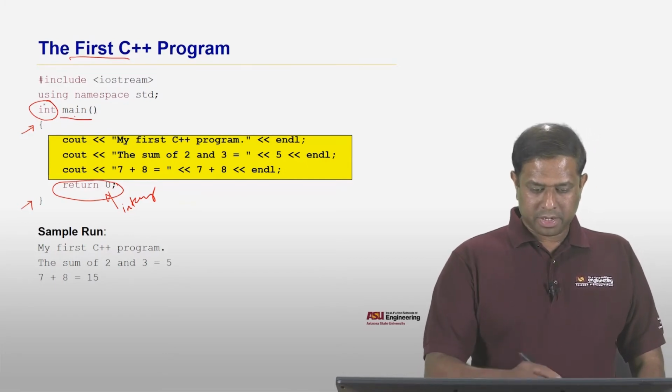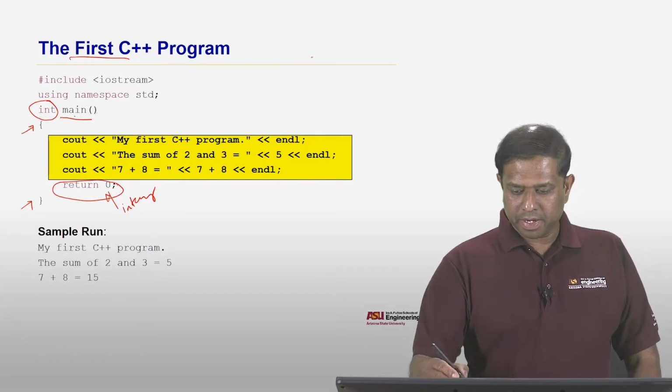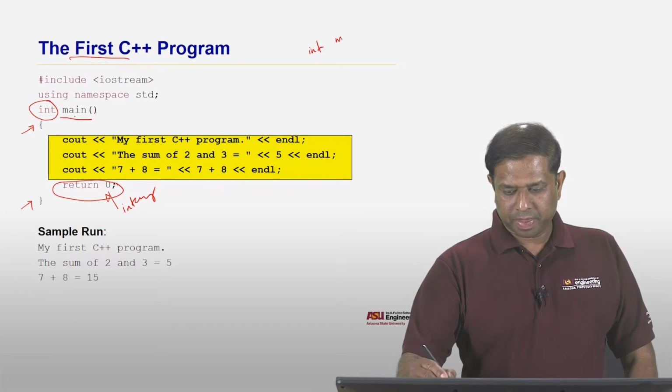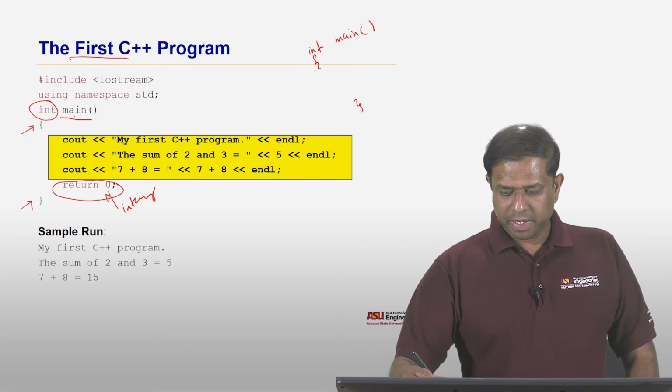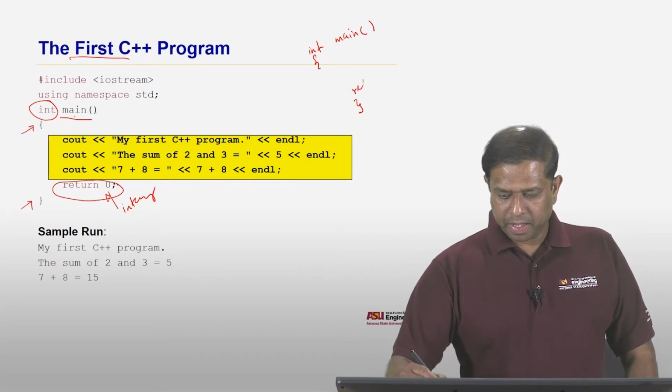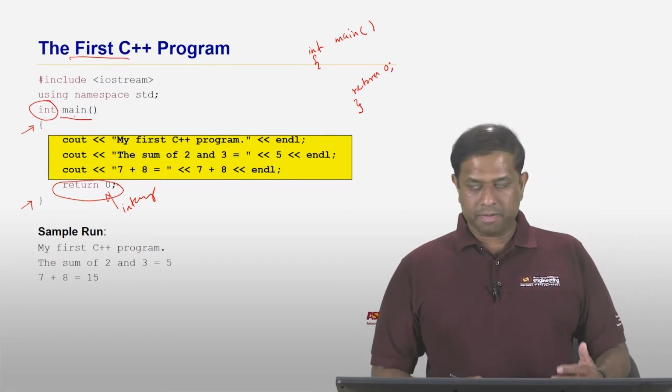So int is referring to an integer. Therefore the main template is something like this: int main, then a starting curly bracket and an ending curly bracket, and then return 0. That's the template of writing a program.